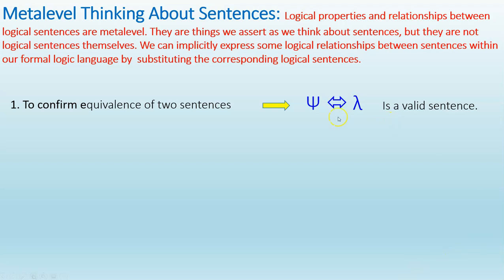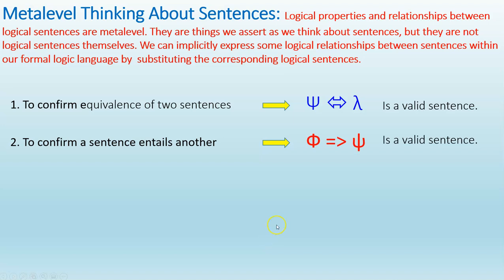But there is a function for the biconditional implication. And so what we've shown here, using the equivalence theorem, is that if you can show that this sentence is valid, that's the same thing as saying the two sentences are logically equivalent. To confirm a sentence entails another, what do you have to do? Show that phi implies psi is a valid sentence.